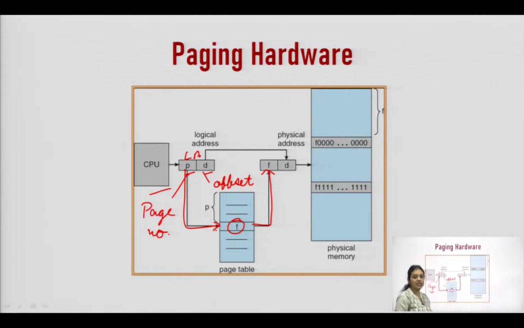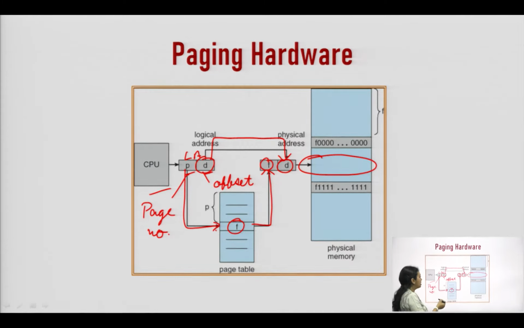Once we have reached the starting location, where we have to go after that is given by the page offset, which goes from here to here, where the frame number together with the page offset gives you the exact memory location. So, this is basically the paging hardware.